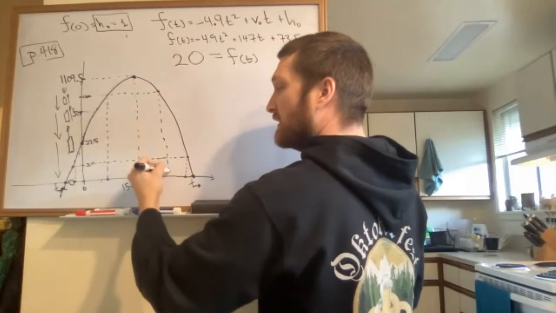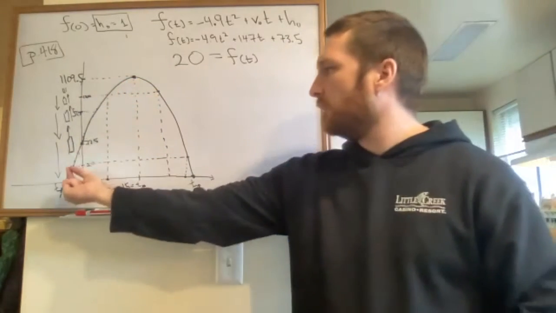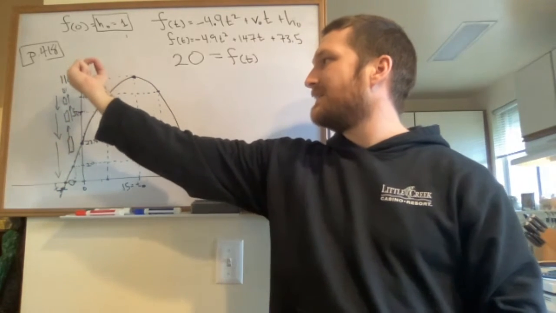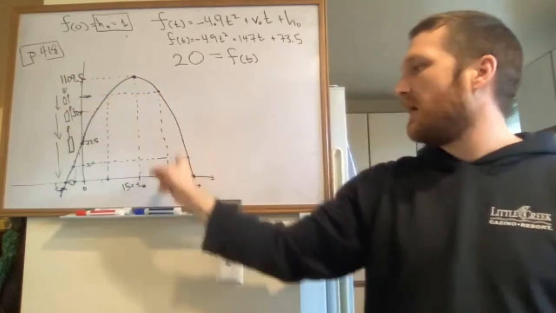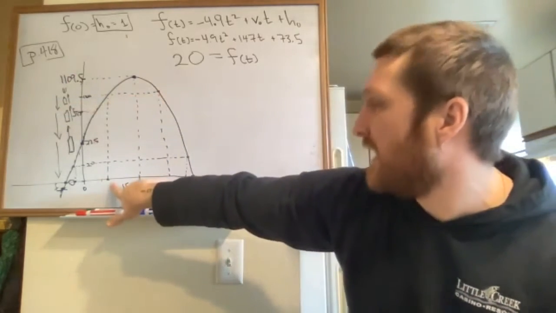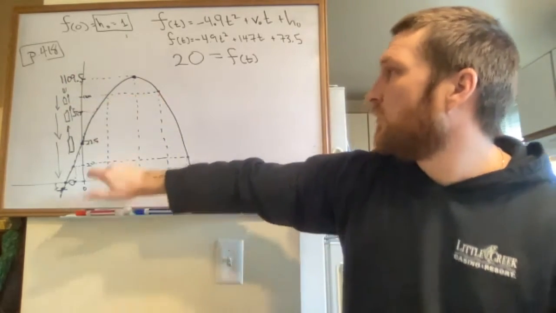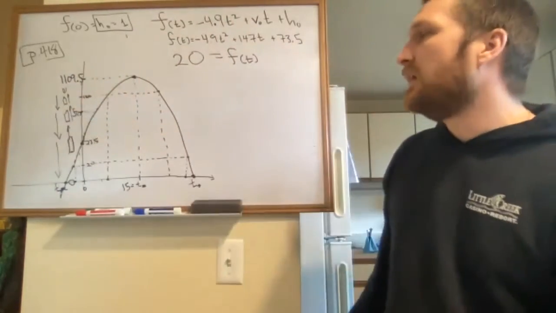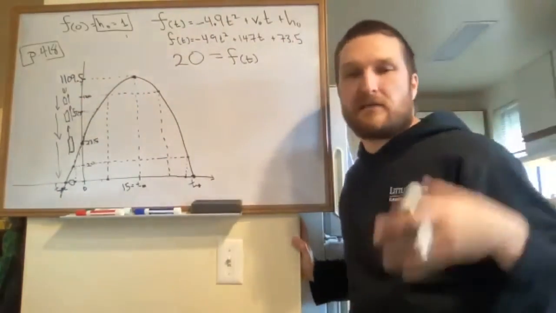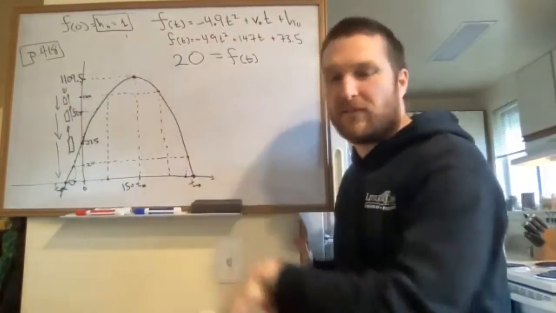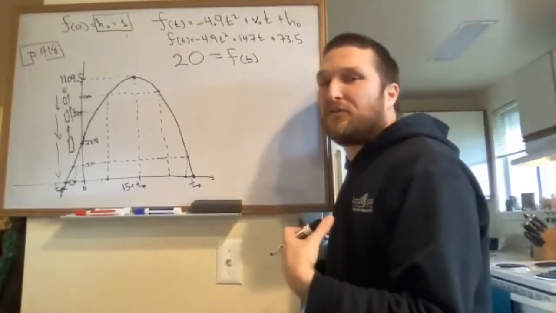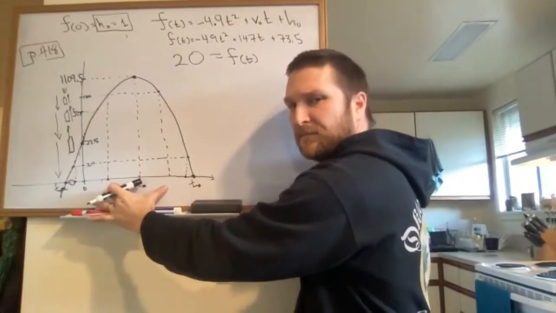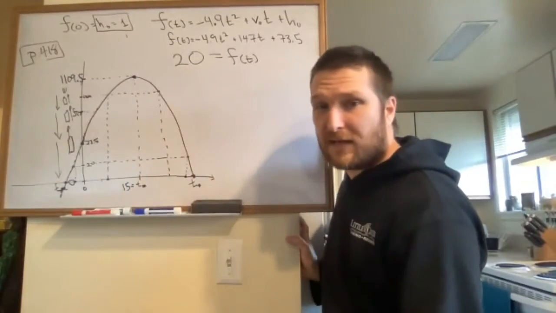That actually means that the rocket's going up, it hits 1,000 and goes a bit above that, and then comes back down to 1,000 at another time. So we would have two valid times that we'd want. I'm telling you, having this picture will take a lot of the guesswork out of it. Whereas if you just have it in your head, I just set it to whatever and solve for whatever, and then I'll throw away the negative answer, or the smaller answer. Well, you might not want to throw away the smaller answer. I think having the picture will help keep all of that in context.